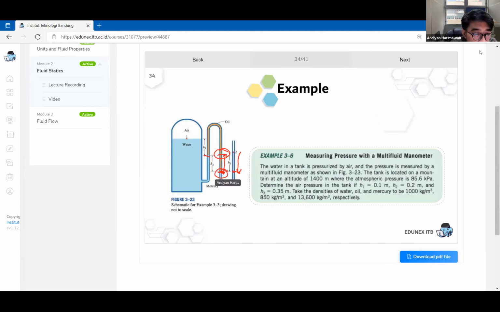So you have to take minus. So this point will be the same as this point. And then you need to calculate pressure at the air. So if you go upward, then the pressure of the air will be the pressure of this point minus rho GH of the water.